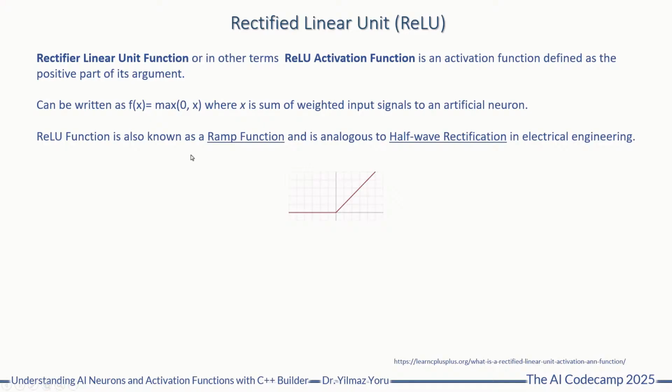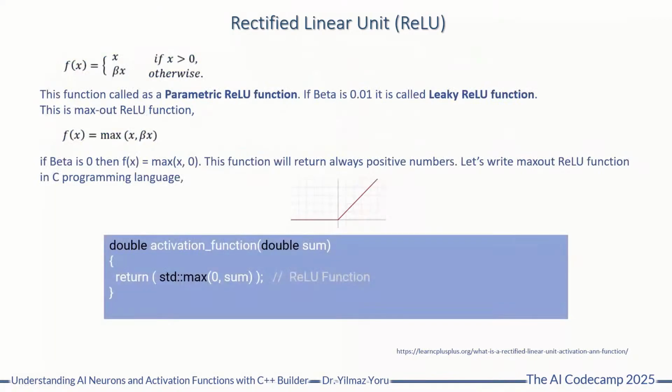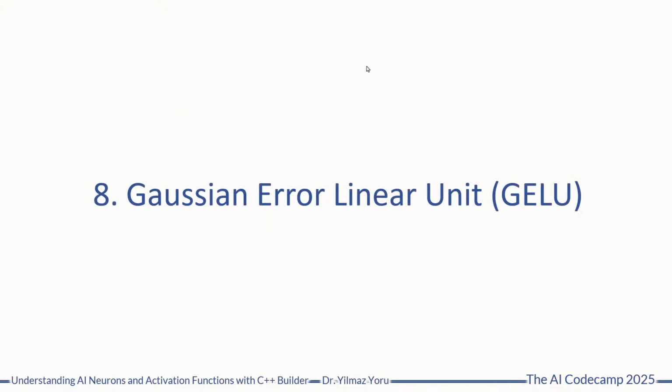The ReLU function is also known as a ramp function in engineering. And also there is a parametric ReLU function with the beta. And here is a very simple C++ example below for the ReLU function. And the other one is the Gaussian error linear unit function.